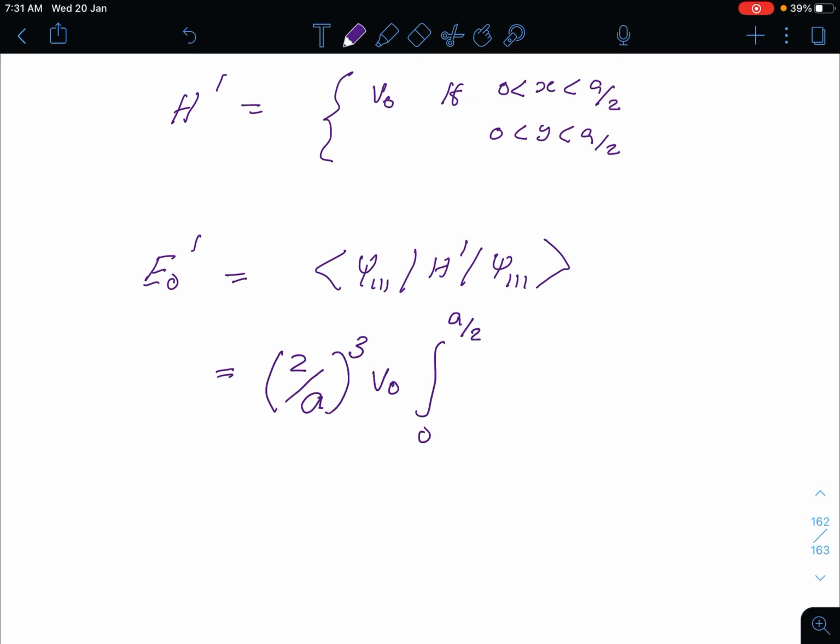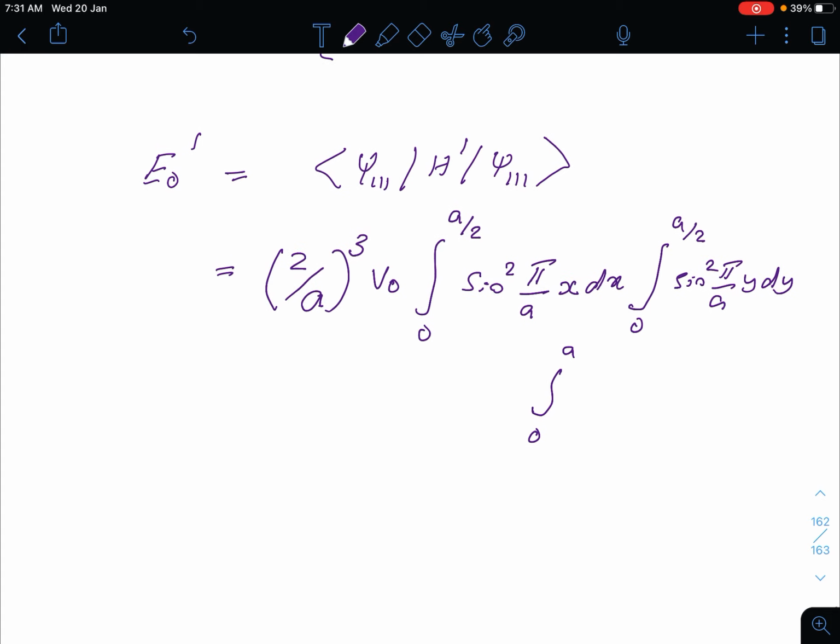Because for x, up to where is the potential present? Up to a/2. That's why I will be doing this. So the integral of sine square pi by a x dx, then y also up to a/2, sine square pi by a y dy, then z from 0 to a.